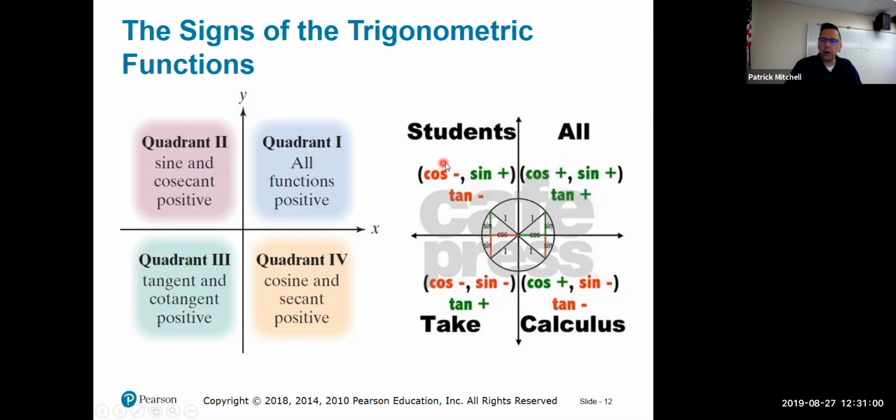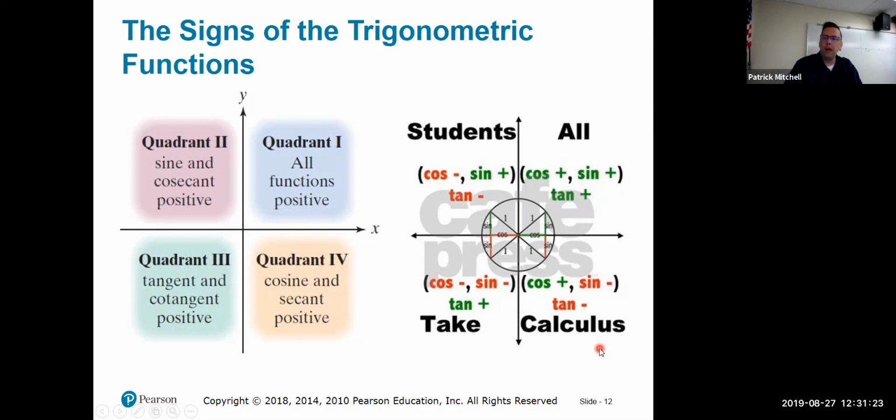In quadrant 2, only the sine is positive. In quadrant 3, only the tangent is positive. In quadrant 4, only the cosine is positive. So A, S, T, C: all functions, sine, tangent, cosine.